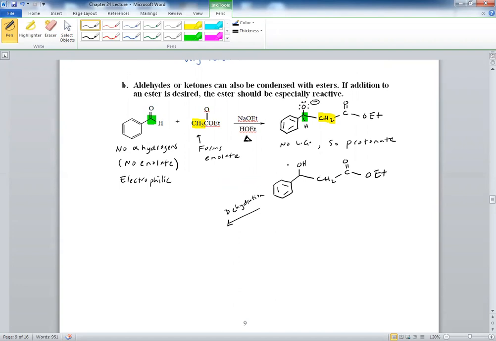We will lose this water, and then the double bond will form there. So it will become like this. I need you to verify this on your own.